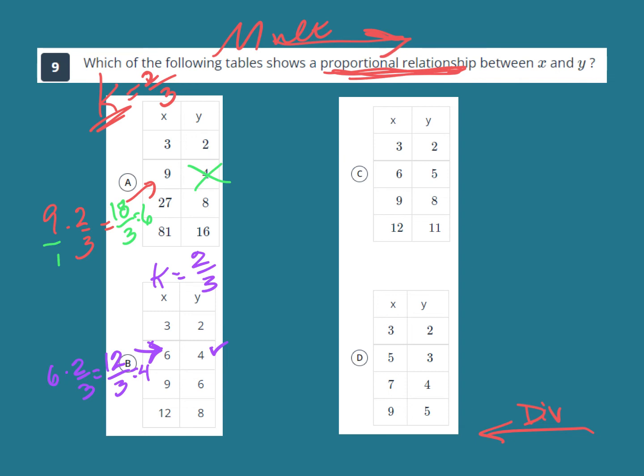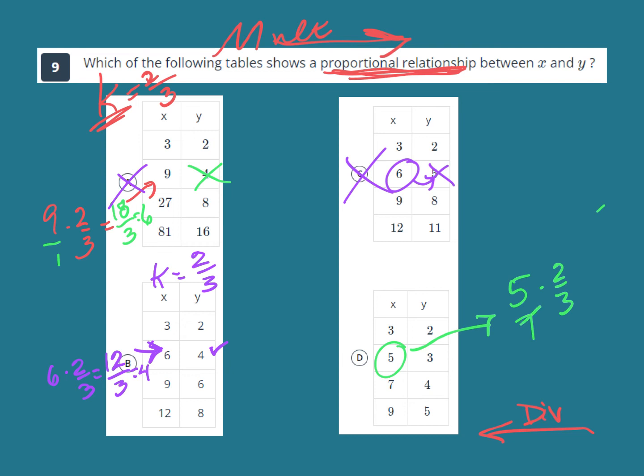So wait a second. This one is also 6. That one does not equal 4. So this one doesn't work. That one doesn't work. Let's see what happens over here. If I have 5, so I've got 5 times 2/3.